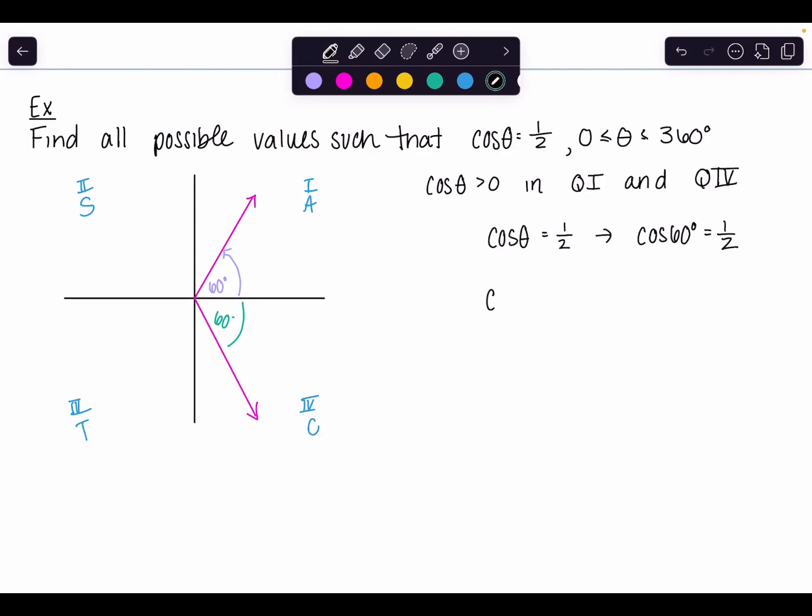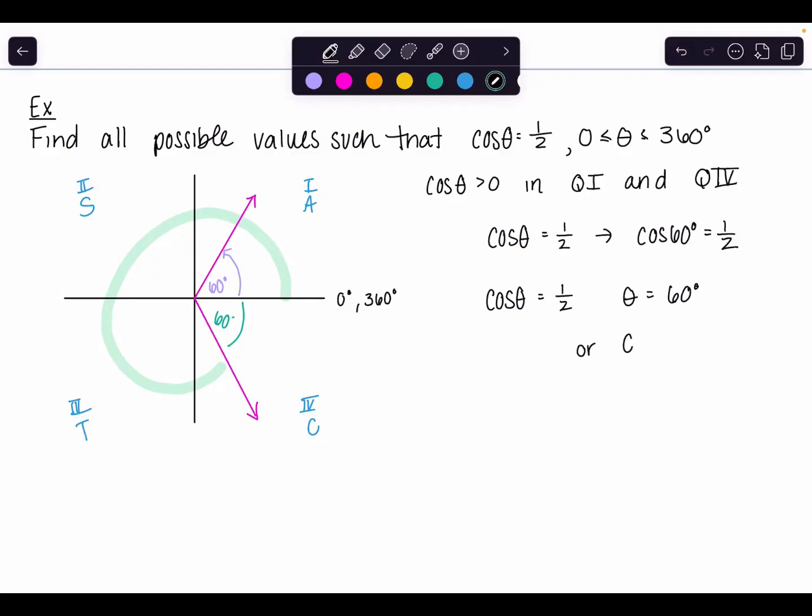So if cosine of theta is equal to 1/2, this tells us one possible angle is the one in quadrant 1, which is 60 degrees, or it's this angle starting here and going forward to give you a 60-degree reference angle. So this is 0 degrees and also 360.